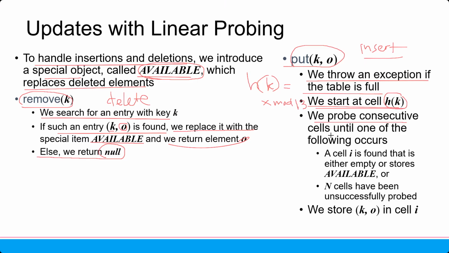We probe consecutive cells until one of the following occurs: a cell i is found that is either empty or available, then you can put it there. If not, then n cells have been unsuccessfully probed. So you can search for the empty place, and if until n places you cannot find one, then at the end, we just save the (k, o) in the cell.